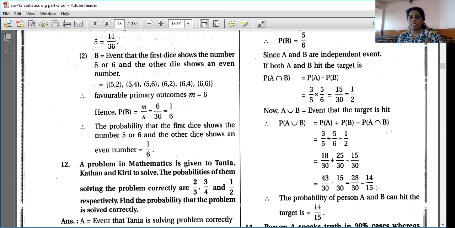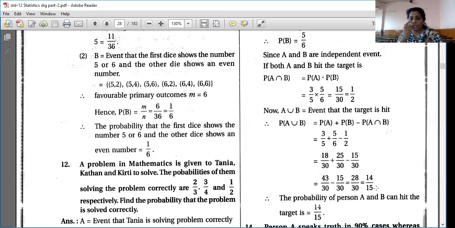So P of A union B is equal to P of A plus P of B minus P of A intersection B. That is 3 by 5 plus 5 by 6 minus 1 by 2. So 18 by 30 plus 25 by 30 minus 15 by 30. That comes to 43 by 30.